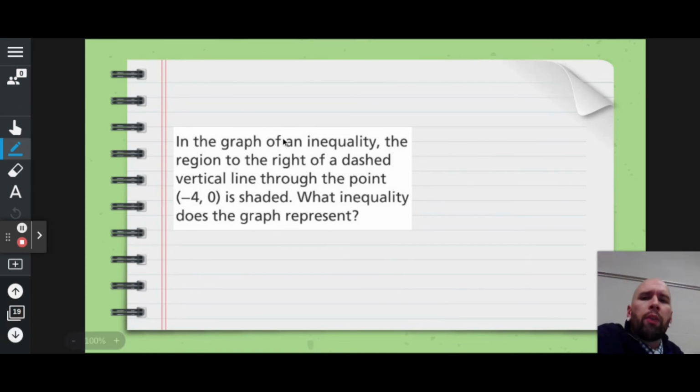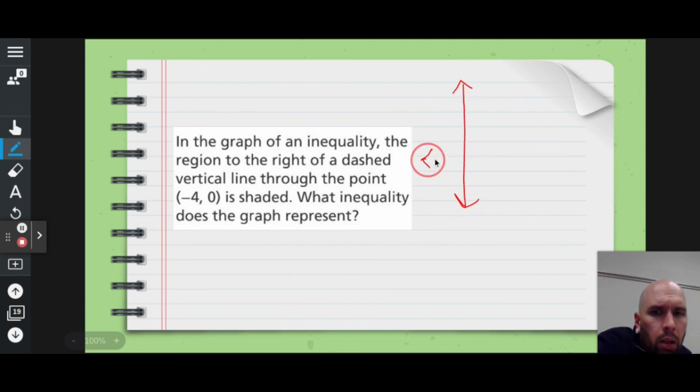In the graph of an inequality, the region to the right of a dashed vertical line through the point -4, 0 is shaded.